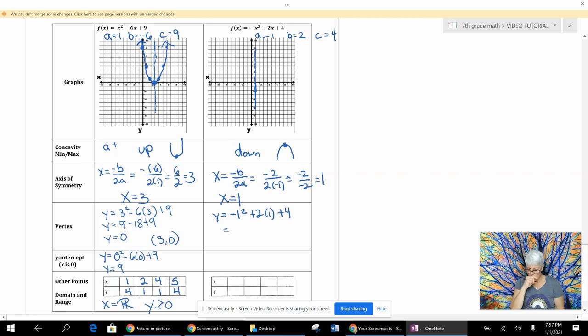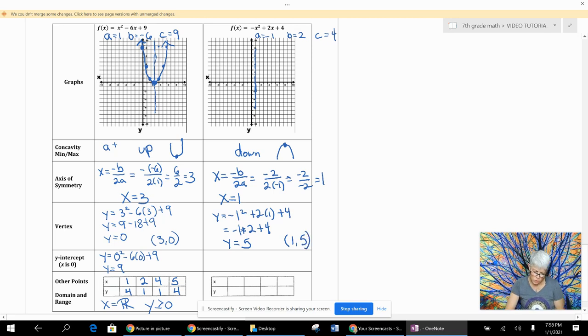Now remember, the negative is not in the parentheses, so it's 1 squared, negative, which is -1, plus 2, plus 4. Y equals 5.